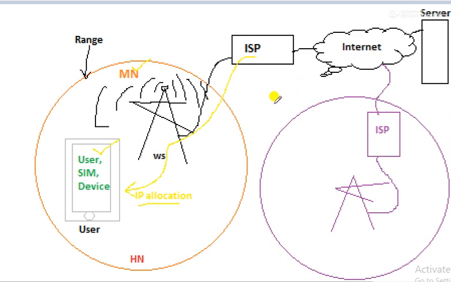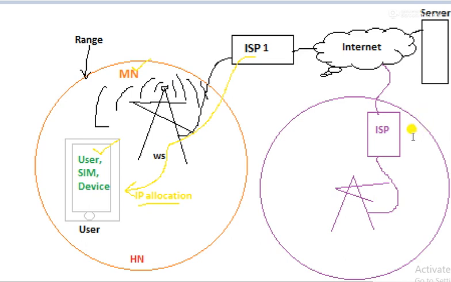Don't get confused: even though this ISP is a part of the network, for understanding purposes I have drawn it outside the home network range, but you can consider the same thing here. So this is internet service provider 1, which is the home ISP for our considered user.